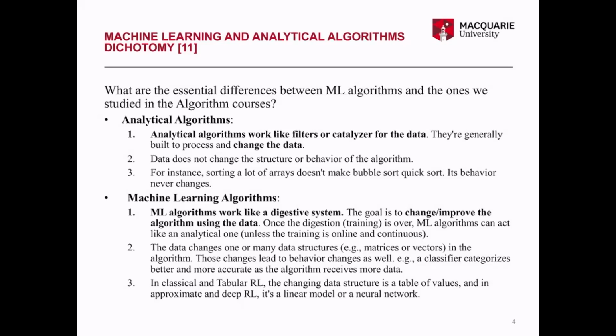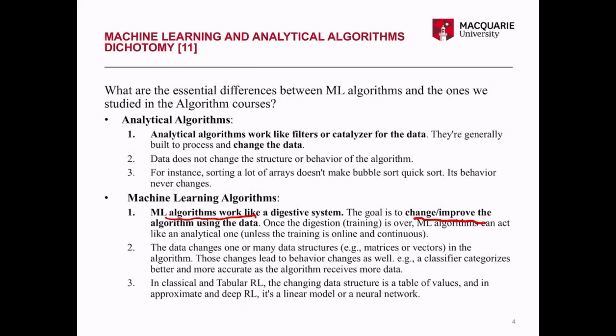So analytical algorithms work like filters and catalyzers for the data, and they're generally built to process and change the data. But machine learning algorithms work like digestive systems. The goal is to change or to improve the algorithm using the data.